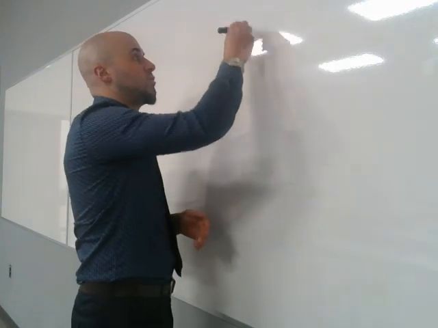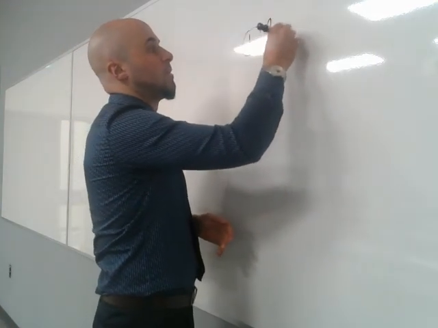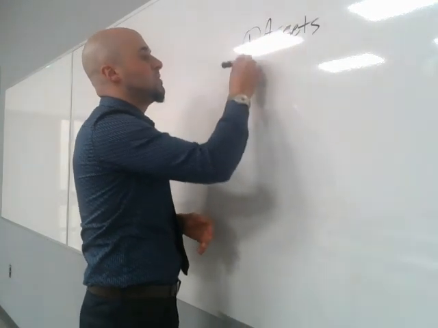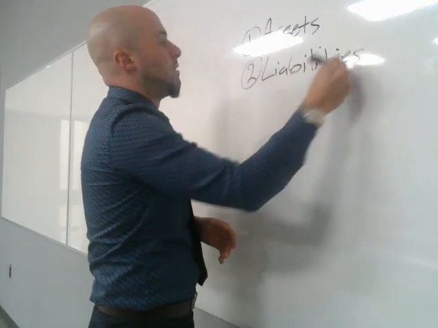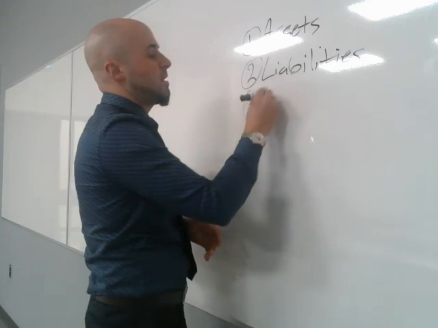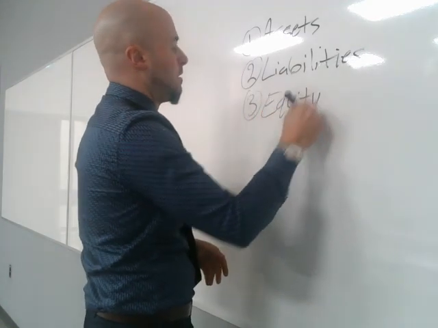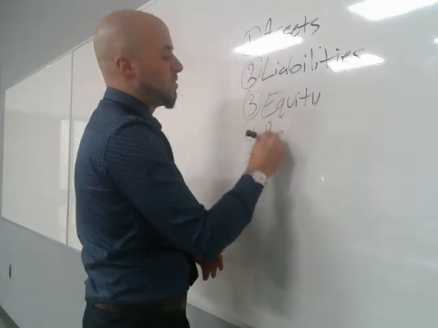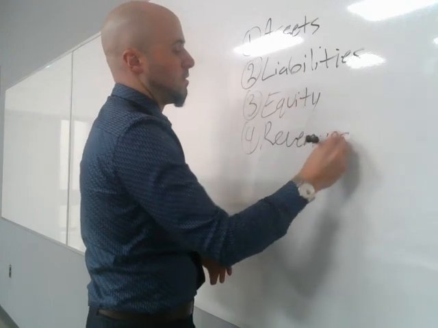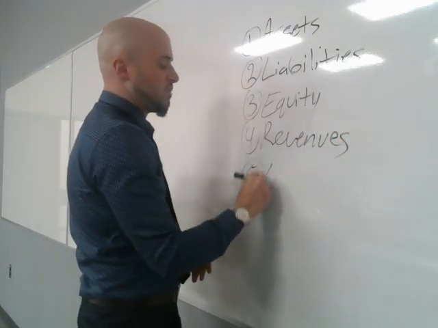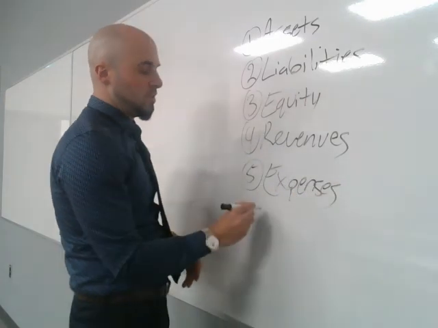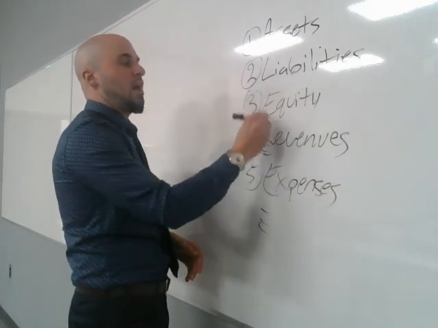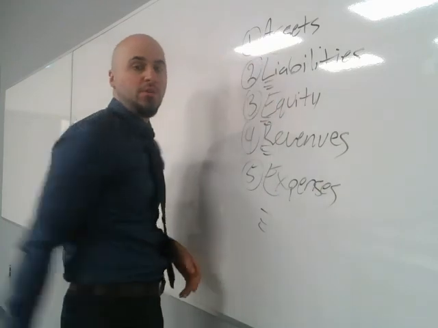Okay, here are the 5 categories to know. 1, assets, talk about what that is. 2, liabilities. 3, equity. 4, revenues. And 5, expenses. Okay? And each of these will have accounts underneath them.